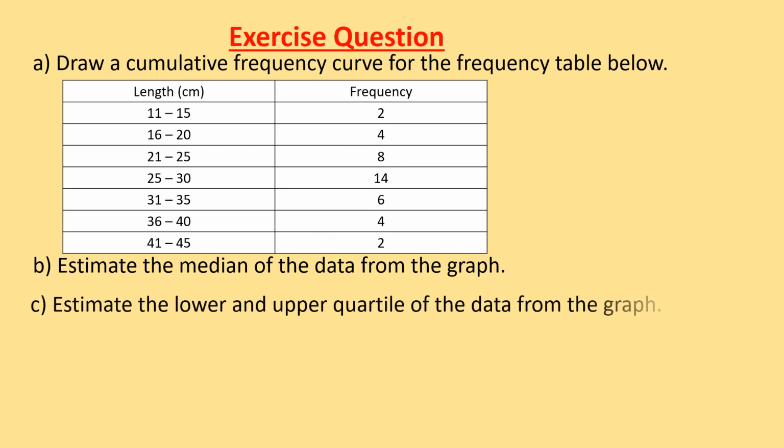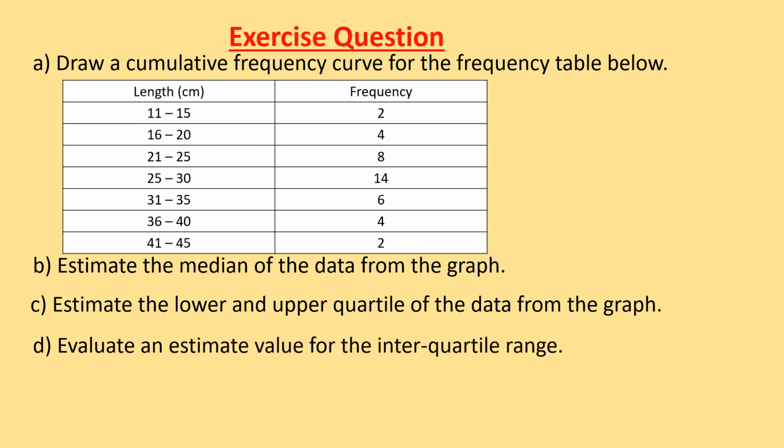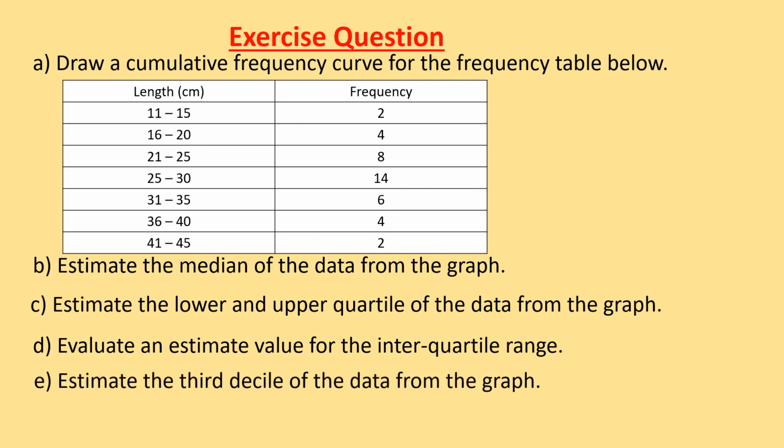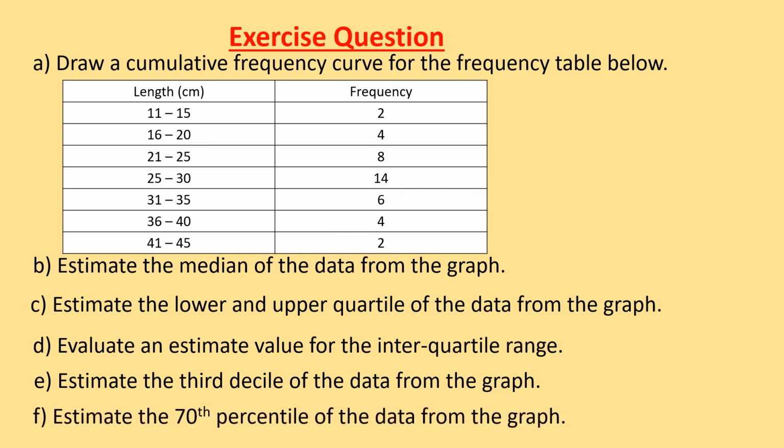Question C. Estimate the lower and upper quartiles of the data from the graph. D. Evaluate an estimate value for the interquartile range. Then estimate the 3rd decile of the data from the graph. Finally, estimate the 70th percentile of the data from the graph.